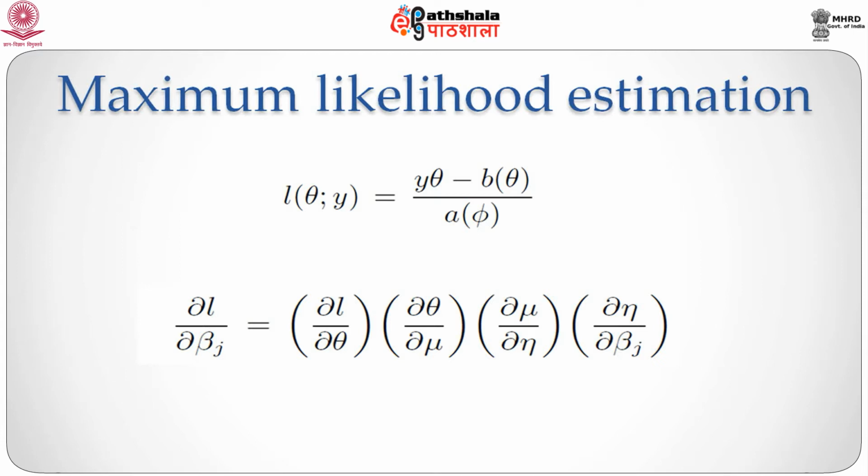Note that assuming a single observation, we can write the log likelihood as L(theta; y) equal to (y theta minus b(theta)) by a(phi), so that using the chain rule, del L del beta j can be written as del L del theta into del theta del mu into d mu d eta into del eta del beta j.